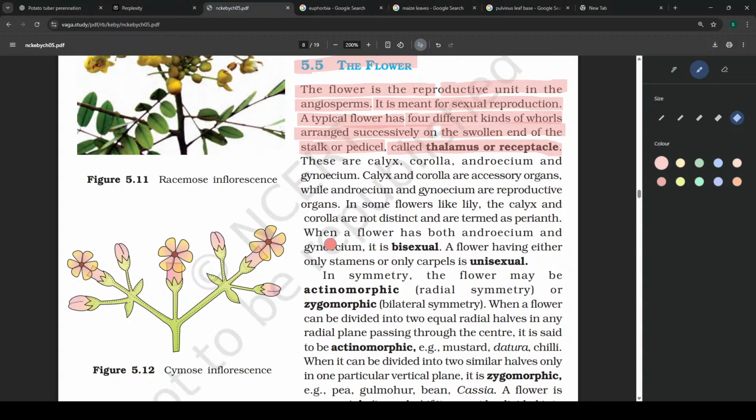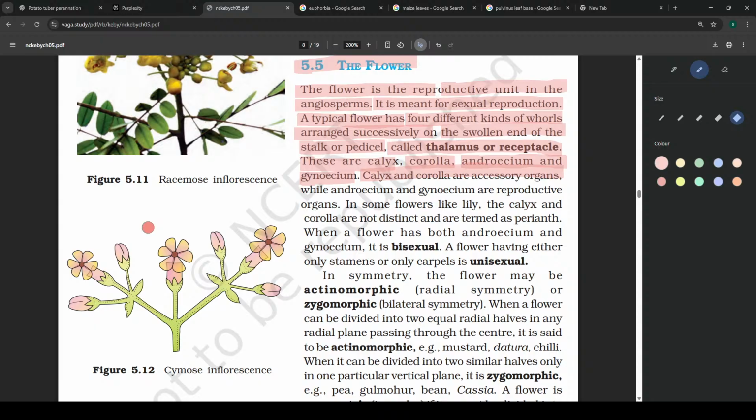These whorls are, as I said before, calyx, corolla, androecium, and gynoecium. Calyx and corolla are accessory whorls or organs. Calyx and corolla, that is sepals and petals, are basically accessory, meaning they are non-functional. They're just for show.